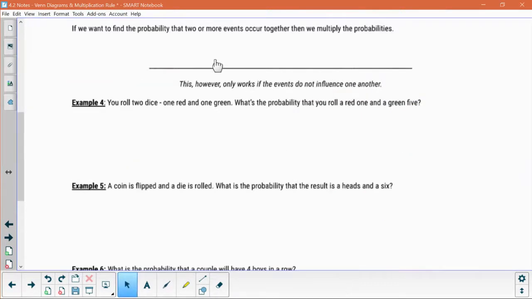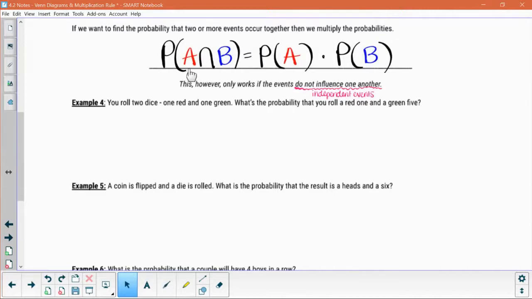Now, writing this as a formal statement, I have the probability of A and B is equal to just the probability of A times the probability of event B. This, however, is only going to work if we have independent events that do not influence one another.